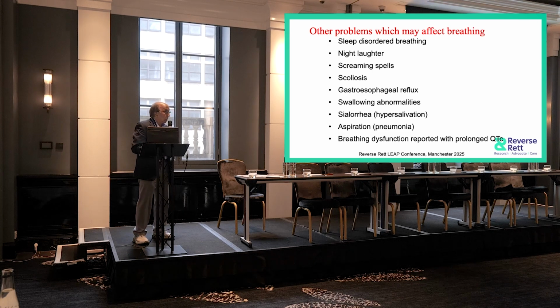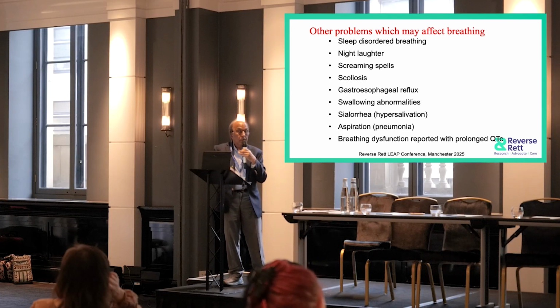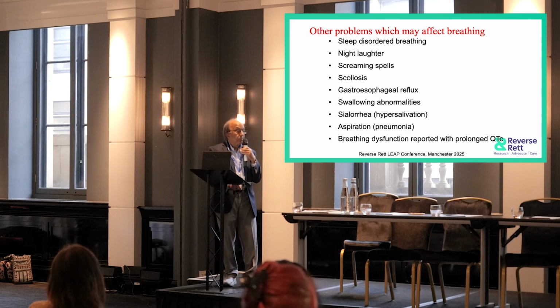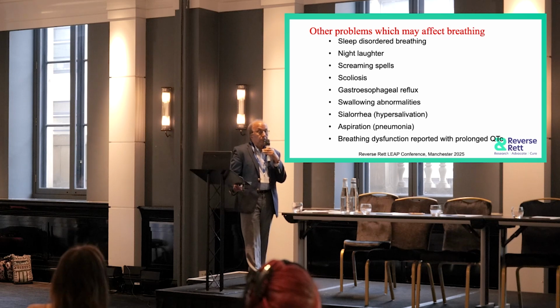Other problems which will affect the breathing are sleep disordered breathing. And by sleep disordered breathing, I want to draw your attention to something here. What happens when there are two stages of sleep? We're talking of the REM stage, which is rapid eye movement, and the non-REM stage.